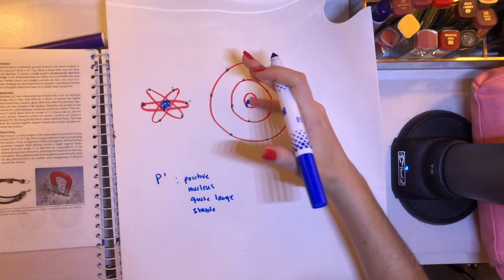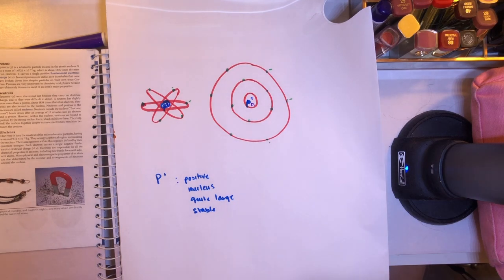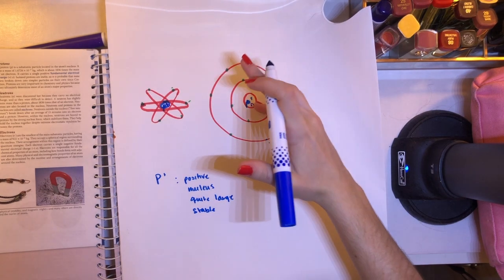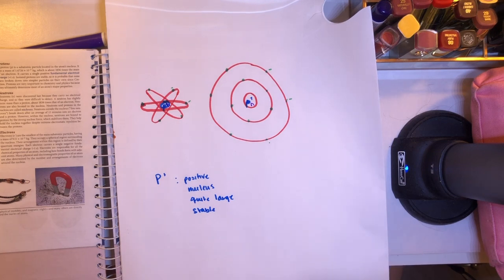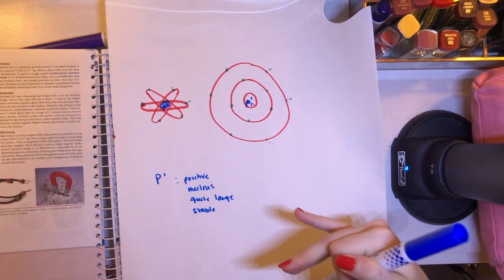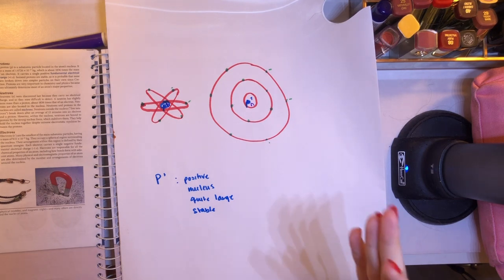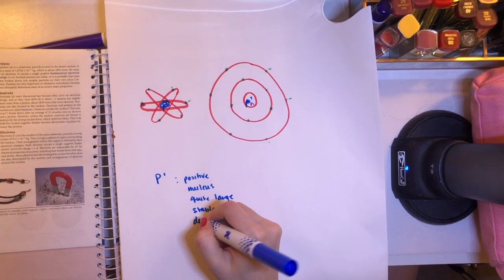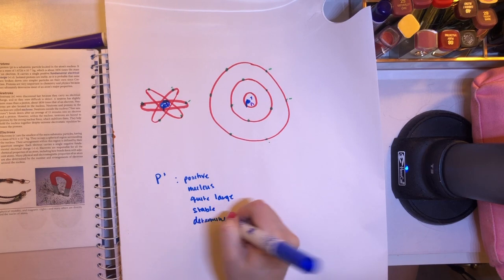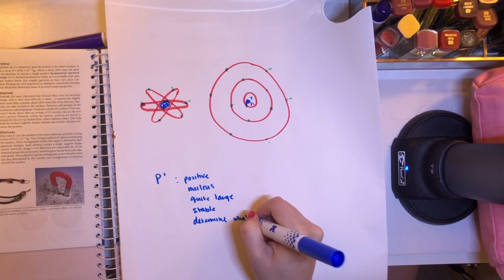We know that it's really hard to get into the nucleus of an atom. And it's because of their stability that they're important in determining the atom's major properties. So protons actually determine what element that atom is.